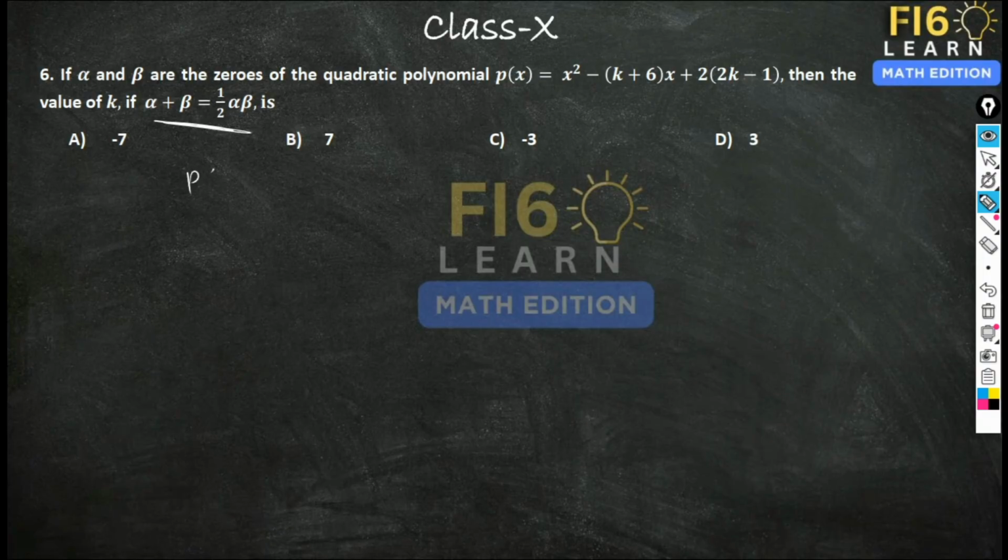The given polynomial equation is p of x is equal to x square minus (k plus 6) into x plus 2 into (2k minus 1). This is the given polynomial equation, and the given condition is alpha plus beta is equal to 1 by 2 alpha into beta.